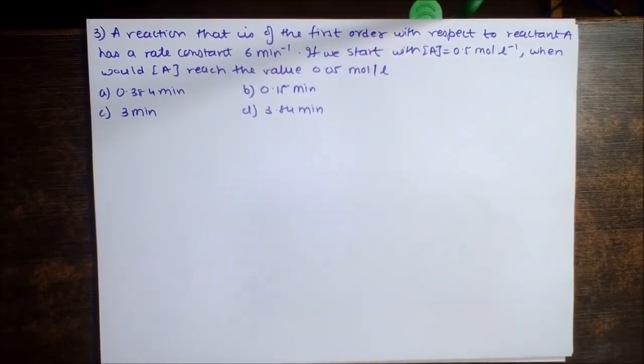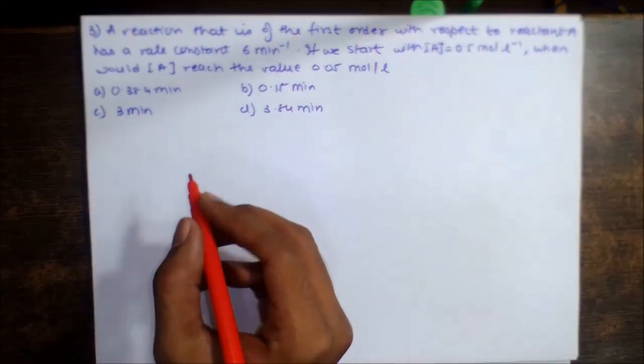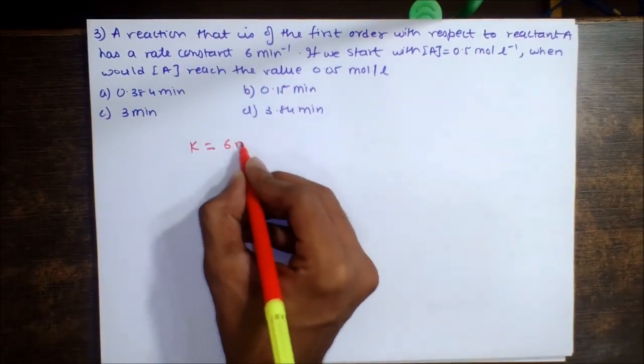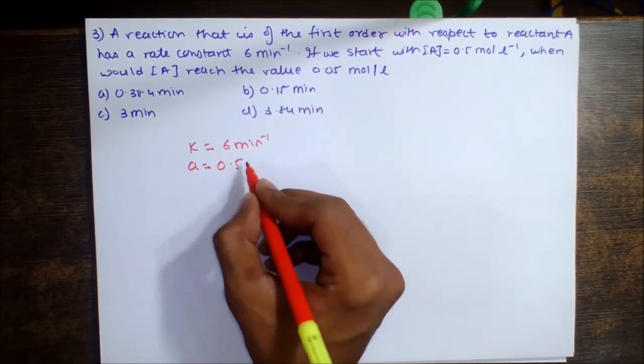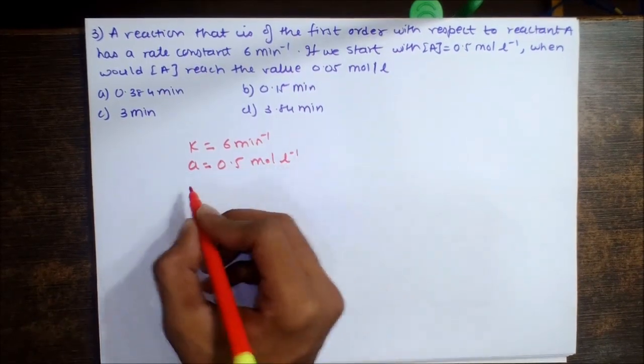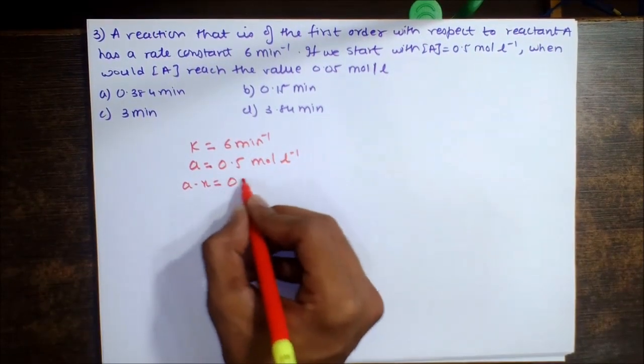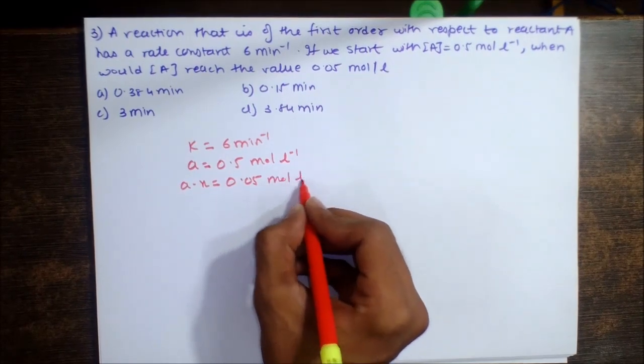Question 3. A reaction that is of the first order with respect to reactant A has a rate constant 6 per minute. If we start with concentration of A equals 0.5, when would concentration of A reach the value 0.05? k equals 6 per minute. Small a equals 0.5 mole per liter. a minus x equals 0.05 mole per liter.